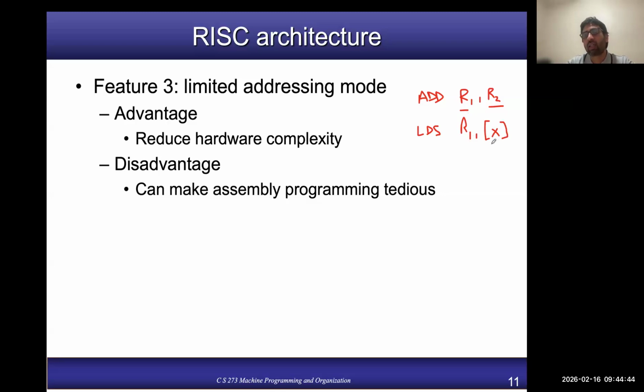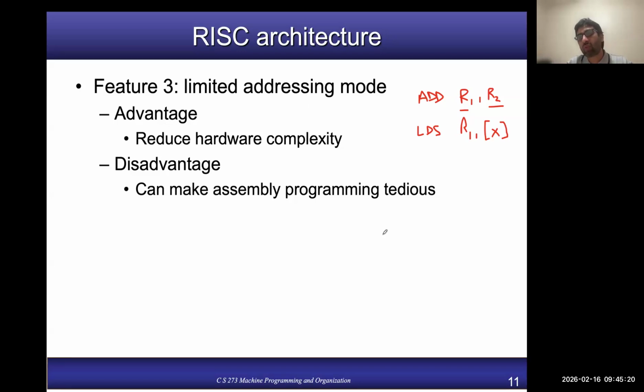And where is that data? That data is in memory, right? So this is again another addressing mode. So there are different mechanisms of specifying where the operands are, the operands which will be operated on by the instruction. In RISC architecture, you have a limited number of addressing modes, and as a result the advantage is that your hardware is not as complex as compared to the case where you support more fancy or complex addressing modes.